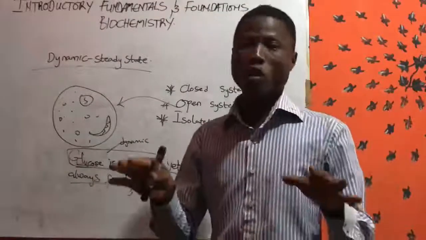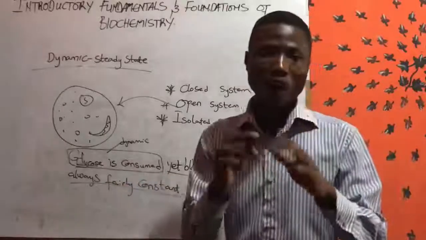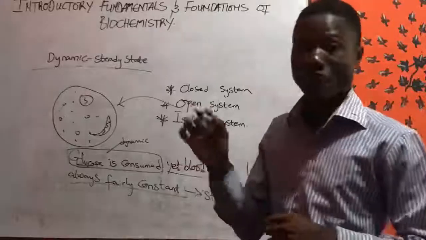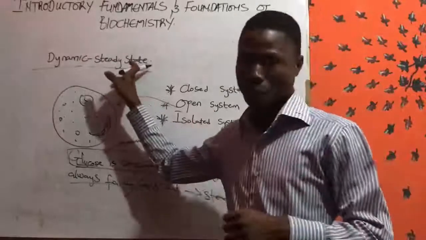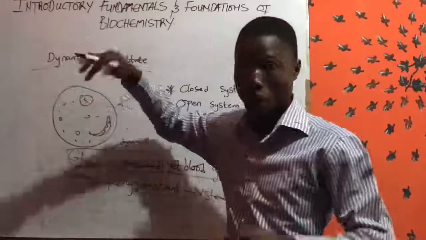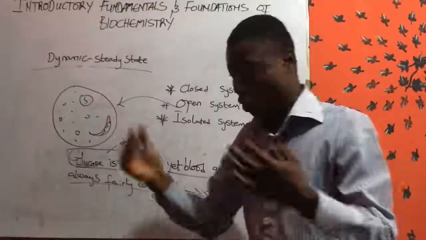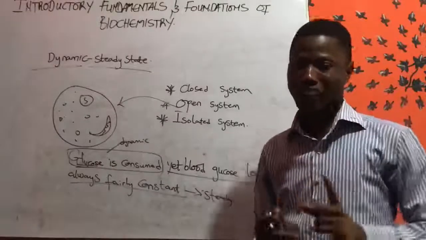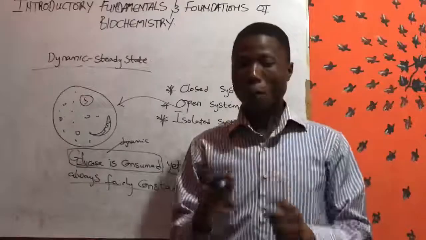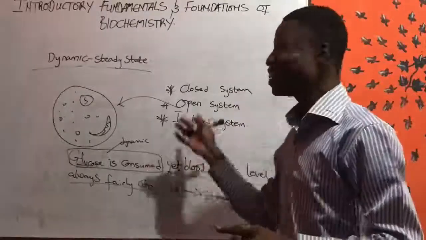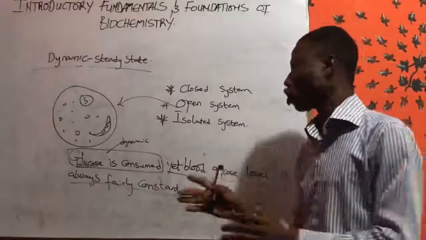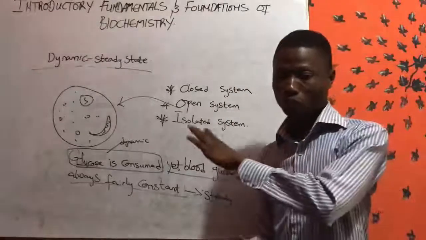So the body just looks for a way to make biomolecule concentration in the living entity steady, despite the fact that biomolecules are always dynamic, always producing new ones and degrading old ones. So note that a living organism exists in a dynamic but steady state, which is never in equilibrium with its environment. So I just explained that point very well.